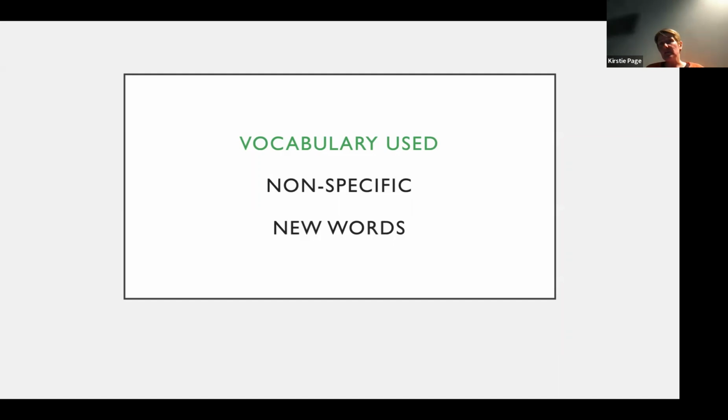But also we're doing that where we would repeat back what the child has said, but we would add the more specific verb or noun in. And that's really important.